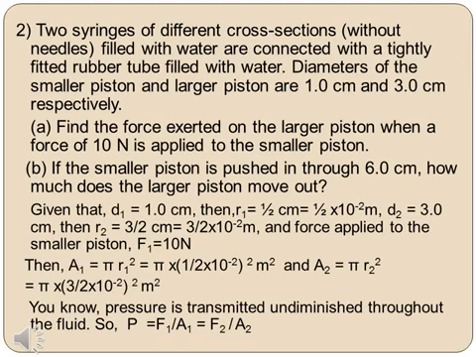It is equal to pi into 1 by 2 into 10 the power of minus 2 all square meter square, and A2 is equal to pi R2 square is equal to pi into 3 by 2 into 10 the power of minus 2 whole square meter square. As pressure is transmitted undiminished throughout the fluid, we have pressure P is equal to F1 by A1 is equal to F2 by A2.